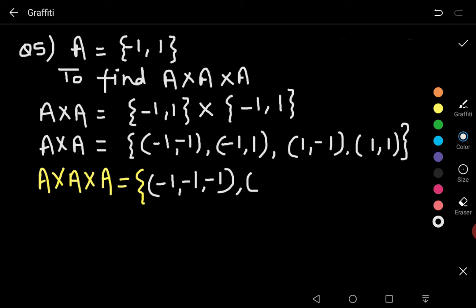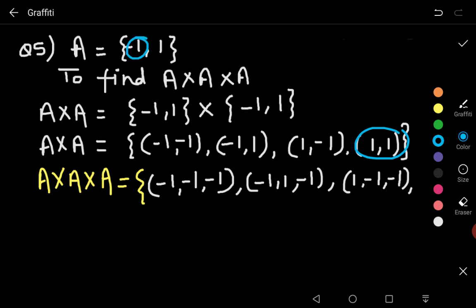Now I am taking the second element and first element of this, right? So it will be -1 comma 1 and then again -1. Now I am taking this element and first element of this, so it will be 1 comma -1 and then again -1, right? And now I am taking the fourth element and this first element. So it will be 1 comma 1 comma -1.